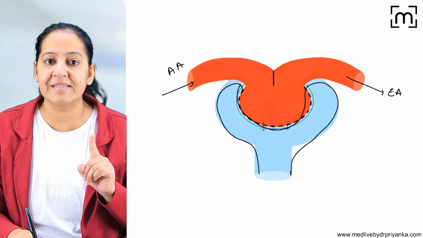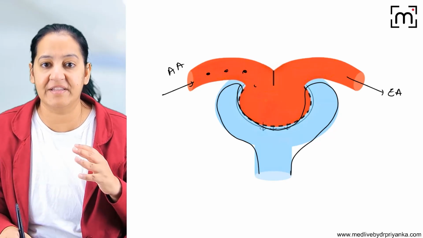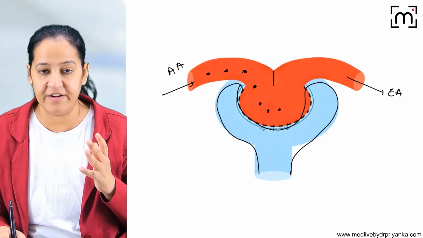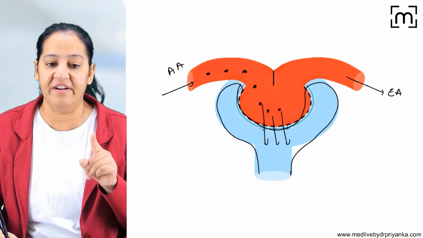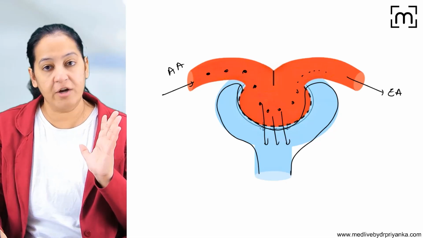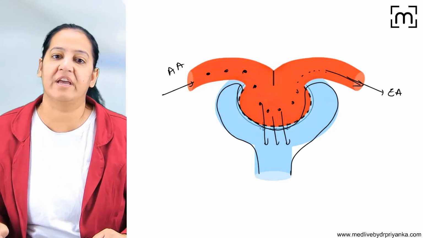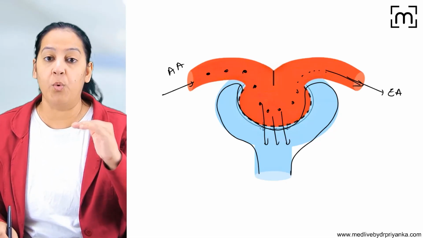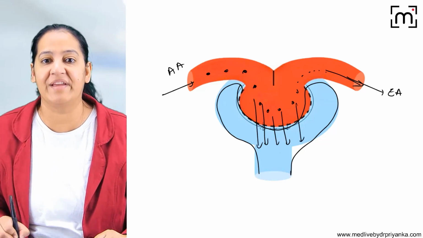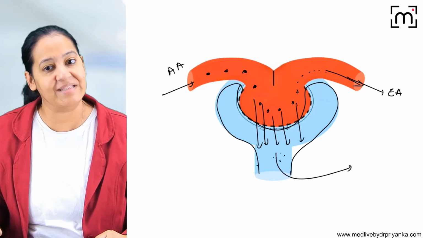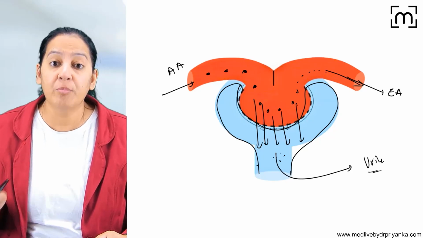Now, whatever substances which are supposed to be excreted, they are present in the capillary. They get filtered out from here, and the remaining which are not supposed to get excreted, they will go in the efferent arteriole. So from the capillary, whatever substances which are supposed to get excreted, they get filtered over here and collected over here, and they will be excreted as urine. This is known as glomerular filtration.